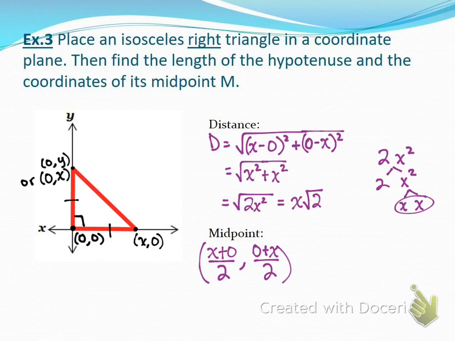X. Okay. Remember, x and y in this case technically could have been used interchangeably. So here we would have x over 2, comma, x over 2. Which should make sense that the midpoint would be halfway along there.